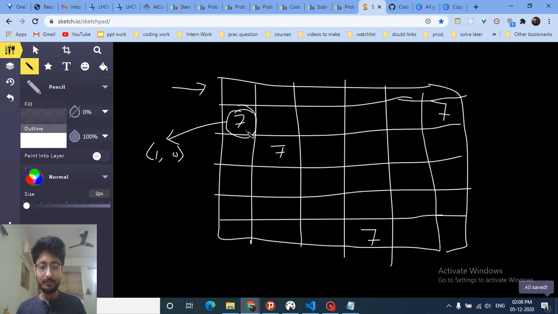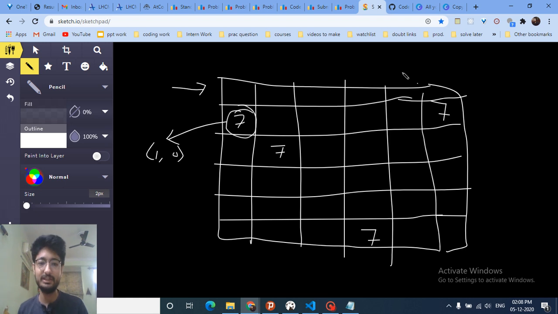We will take this 7 as a position, and we have to store the minimum column this 7 is present in, the maximum column this 7 is present in, the maximum depth or maximum row this 7 is present in, and the minimum row this 7 is present in.